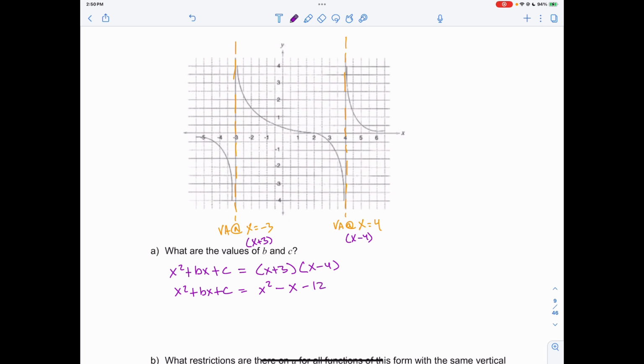Once again, pulling those two factors from the vertical asymptotes, because we know x squared plus bx plus c is just the denominator. Therefore, b has to equal negative 1, and c has to equal negative 12.